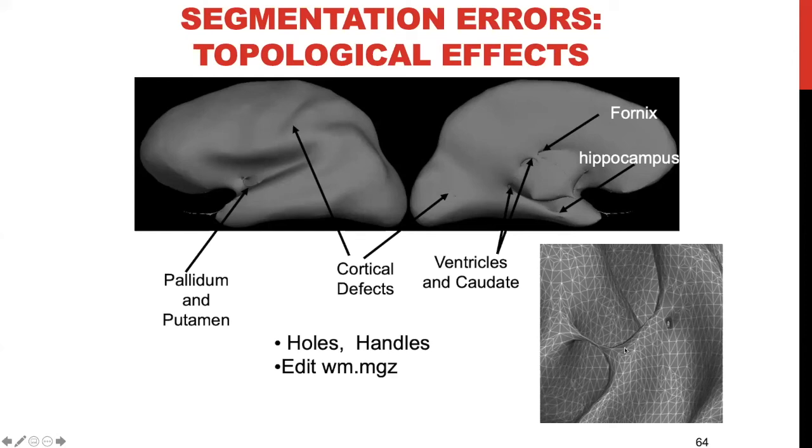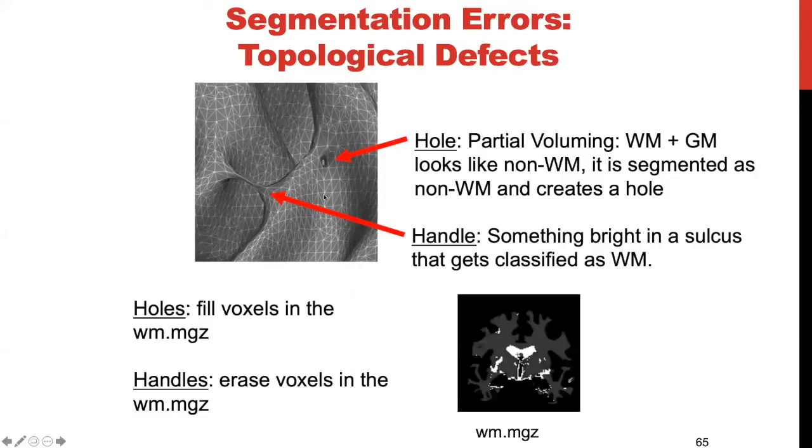To fix this, you really need to go into your white matter volume. But first, what is a hole? A hole occurs most likely due to partial voluming, where white matter or gray matter looks like non-white matter, and it is segmented as non-white matter and creates a hole.